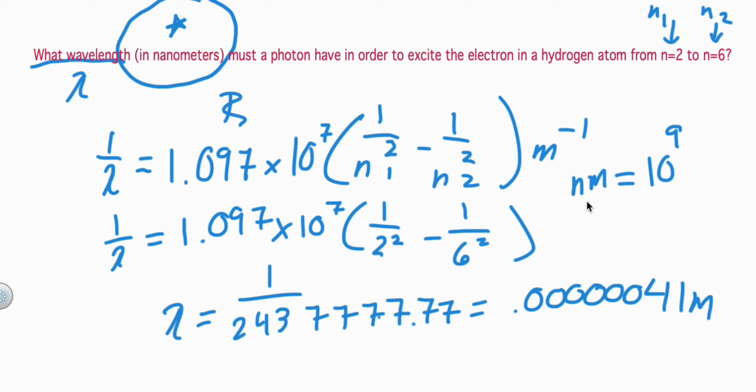However, if you don't, here it is. So we're going to multiply this answer times 10 to the power of 9. And when we do that, we get 410. And that is an answer I'm satisfied with.